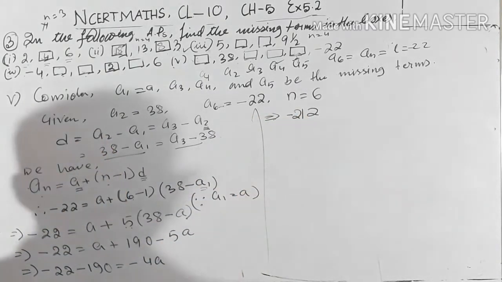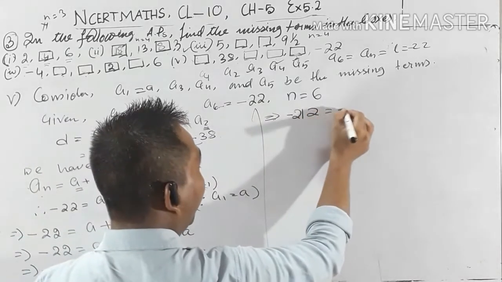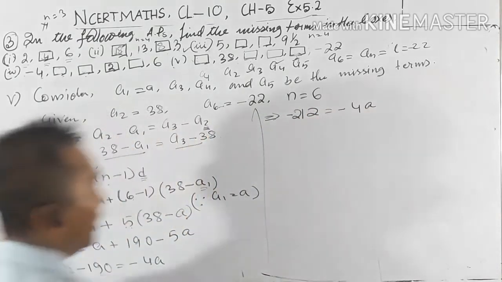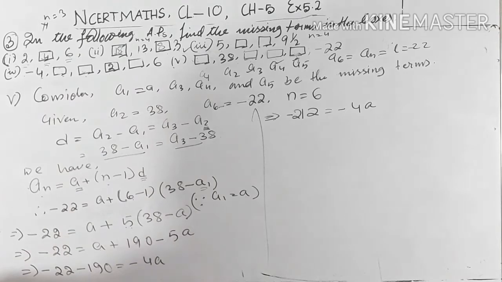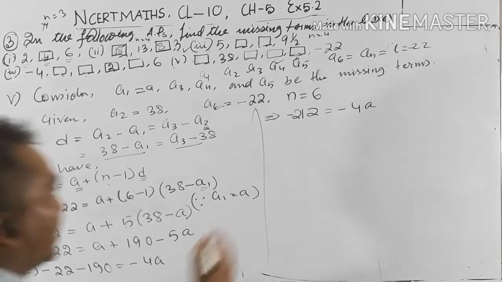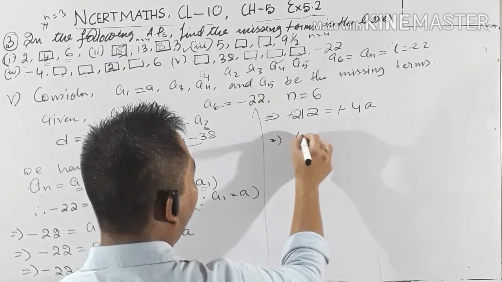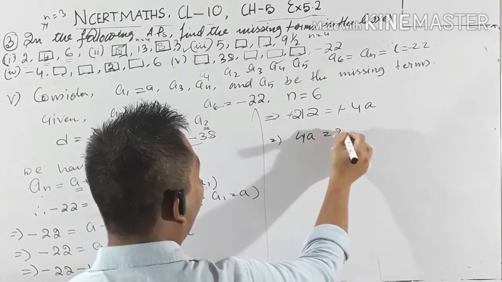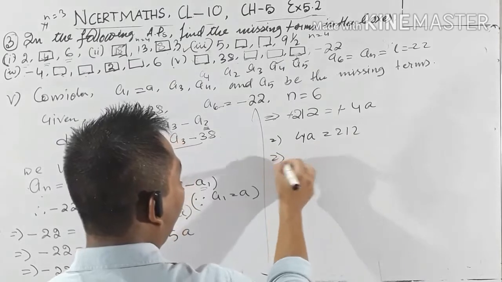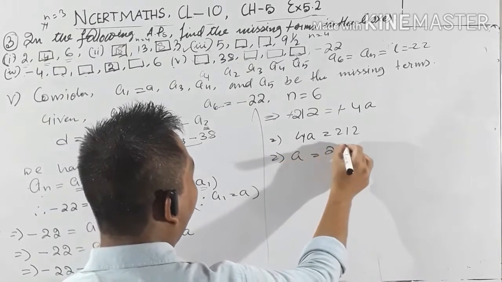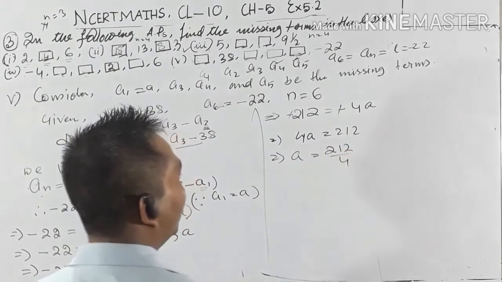Minus 212 equals minus 4 times a, correct? Now minus and minus will be cancelled out. So it will be 4a equals 212, that is a equals 212 upon 4.